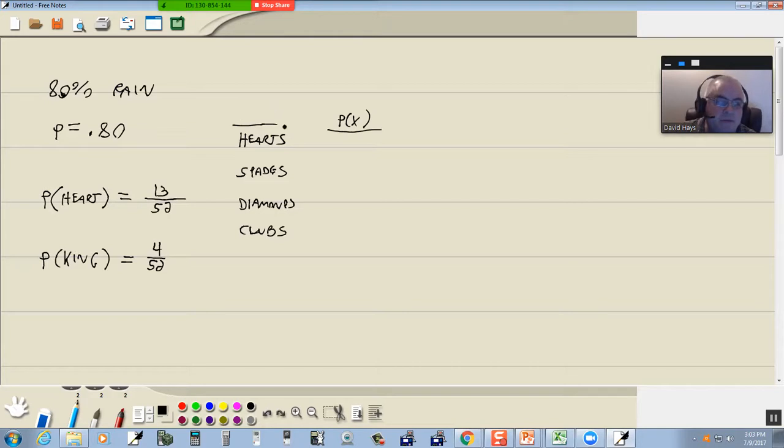This is based upon one card being pulled out of a standard deck of cards. Probability it's going to be a heart is 13 out of 52. We already saw that. Probability it's going to be a spade is 13 out of 52. Diamonds will be 13 out of 52. And clubs will be 13 out of 52. You can see by looking at these fractions that each one of these is equally likely. So if I pull a card out, I've got an equal chance of it being a heart, spade, diamond, or club.